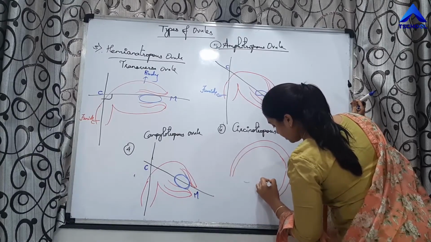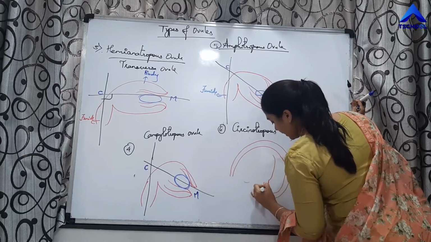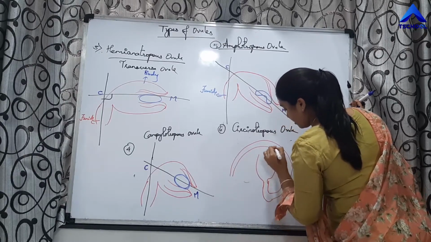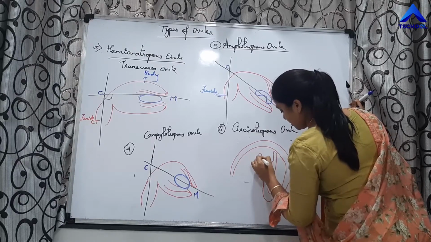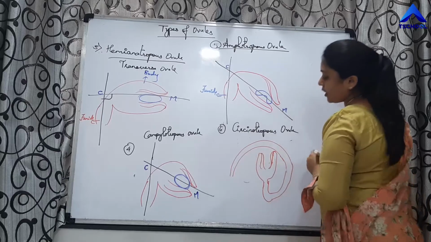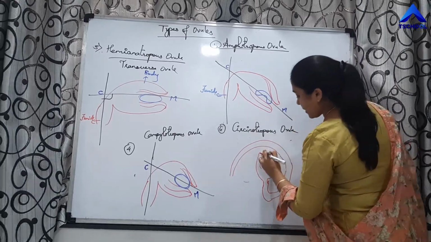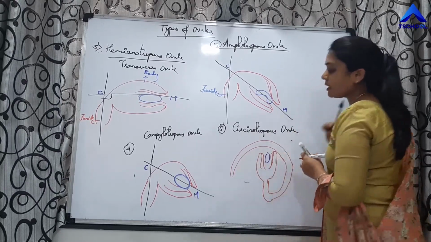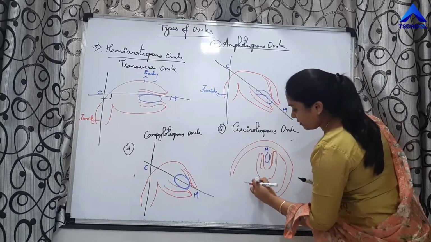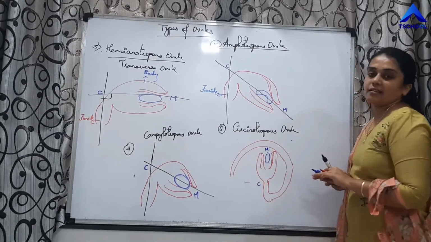And from here arises the body of the ovule. Present within it is the embryo sac. This is micropyle and this is chalazal end.